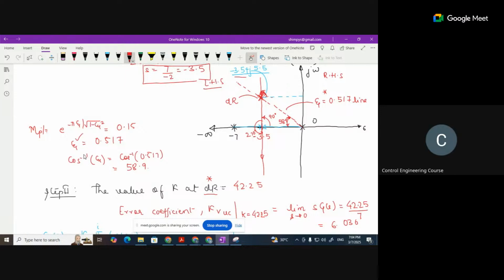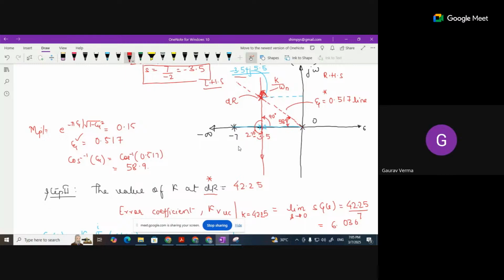And one thing I forgot to tell here, that you have to find the value of omega n also. We have calculated the value of k, but we haven't calculated the value of omega n. I'll tell you in the next problem. So for dominant poles, we have to calculate the value of k. Then we have to find out the corresponding error coefficient.